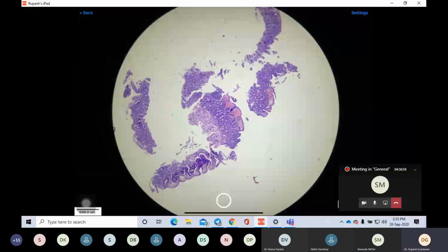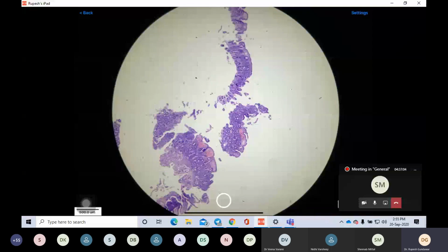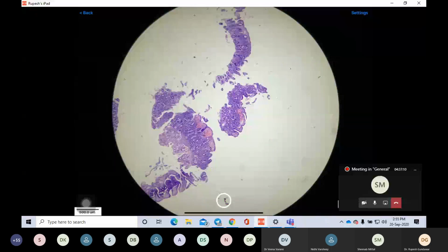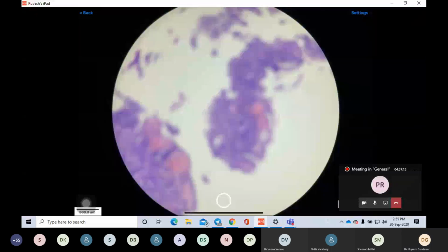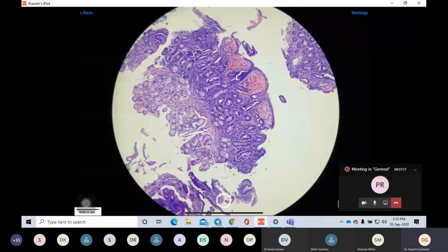So what findings can you tell me on this biopsy? How are the villi? Anyone can just unmute and discuss this case.